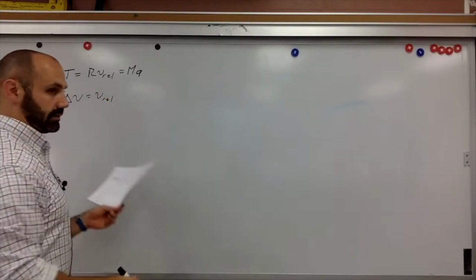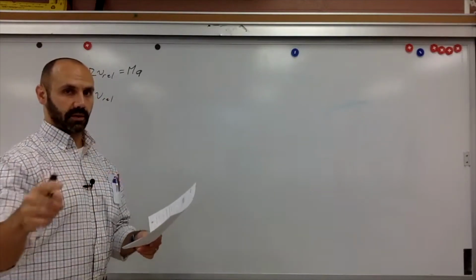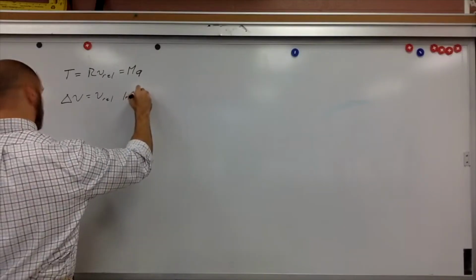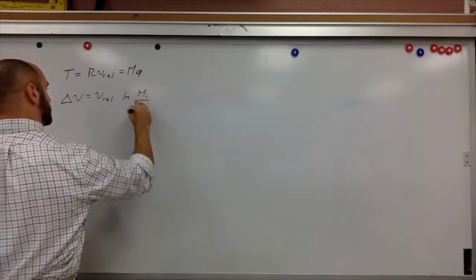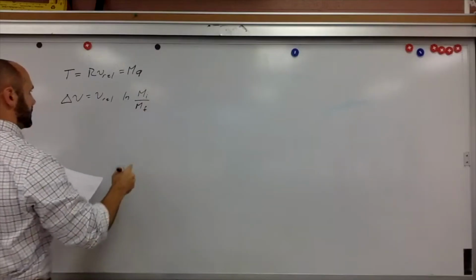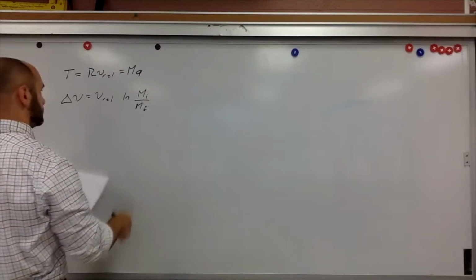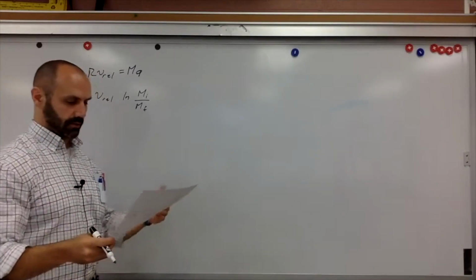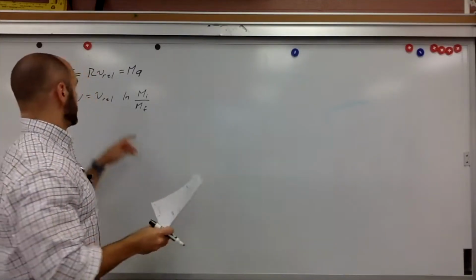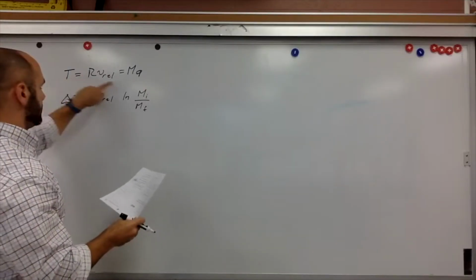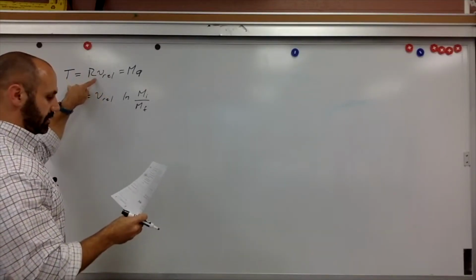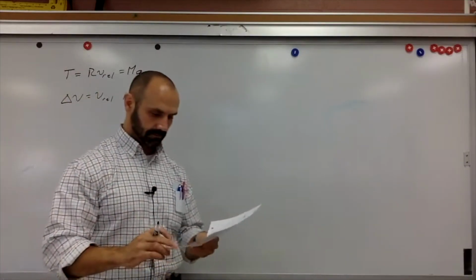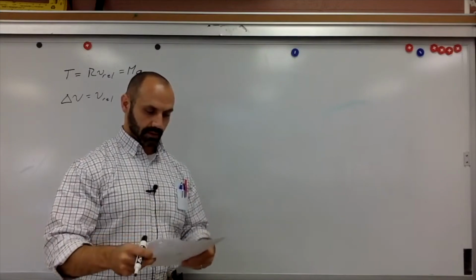Remember, that's the relative velocity between the exhaust products and the rocket itself, times the natural log of the initial mass of the rocket over the final mass of the rocket. And then the thrust or the recoil force, that's this. So actually the first and third equations are the same.